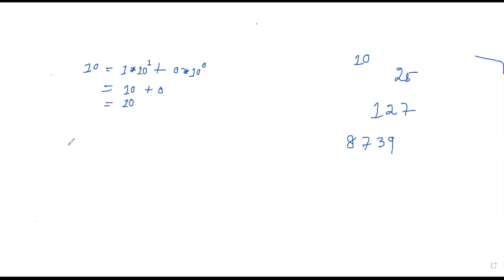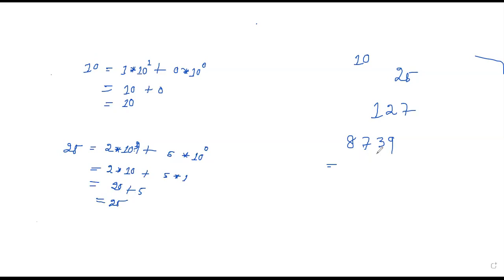In this method, I can write 25 as 2 into 10 to the power 1 plus 5 into 10 to the power 0, which is equal to 2 into 10 plus 5 into 1. That is 20 plus 5, that is equal to 25.